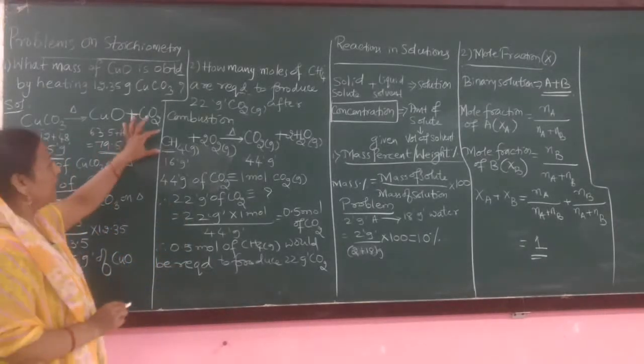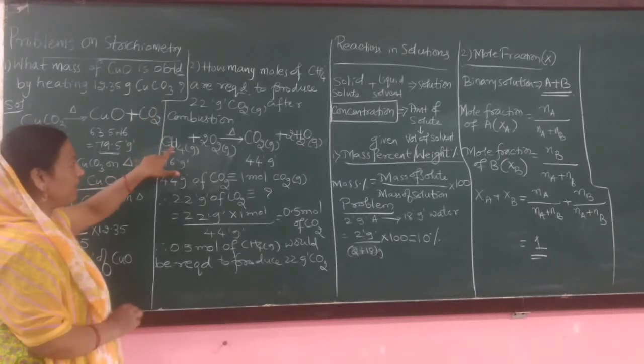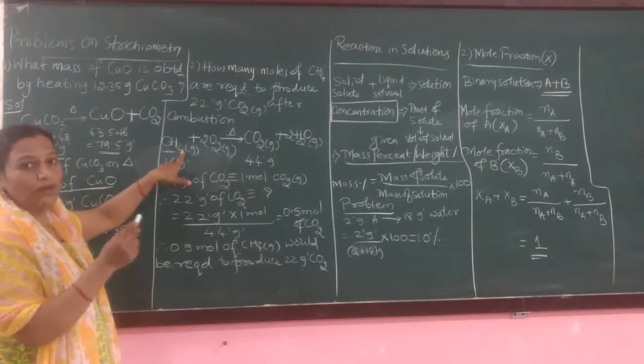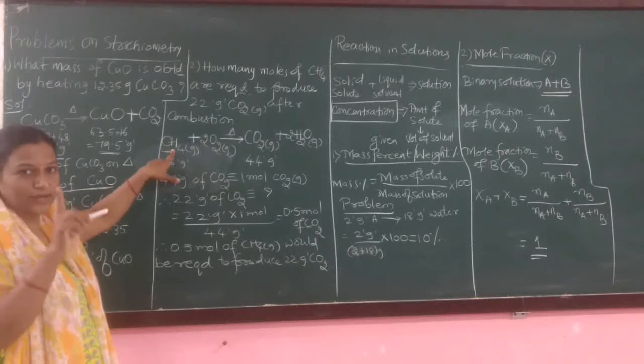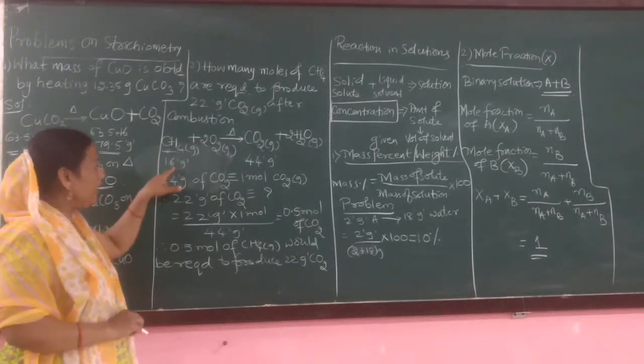Now let us look at the molecular mass of methane. Atomic mass of carbon is 12, atomic mass of hydrogen is 1 into 4, so 12 plus 4 will be 16. 16 grams of methane is nothing but 1 mole of methane.